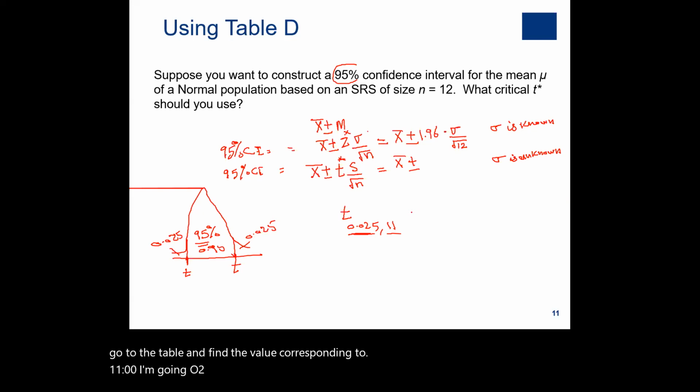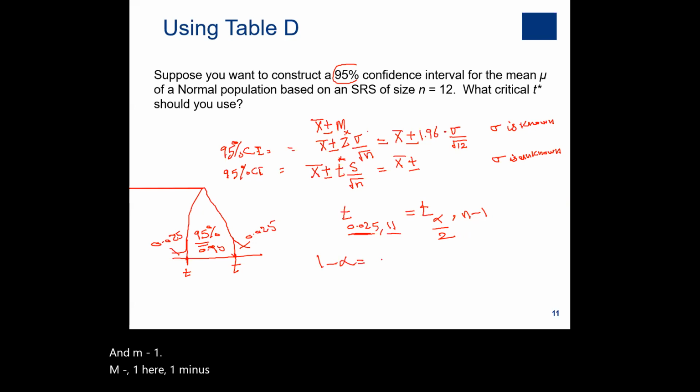In general, for a confidence interval, it's t alpha over 2 with n minus 1 degrees of freedom. Here 1 minus alpha is 0.95, alpha is 0.05, alpha over 2 is 0.025.